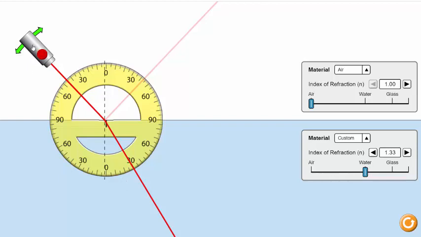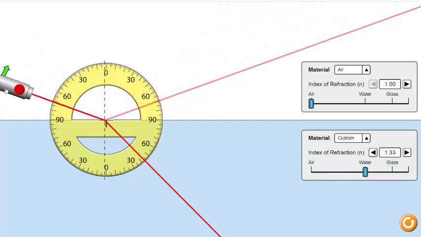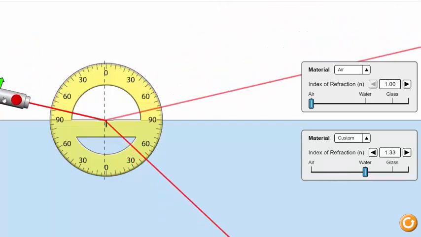And hopefully you can appreciate that no matter what angle we shine this at, while there may be increased glare, there'll always be some light coming into the water right here. Now, what happens if we reverse this? In class, we would simply take our laser and move it to the other side, but I can't do that with this app.